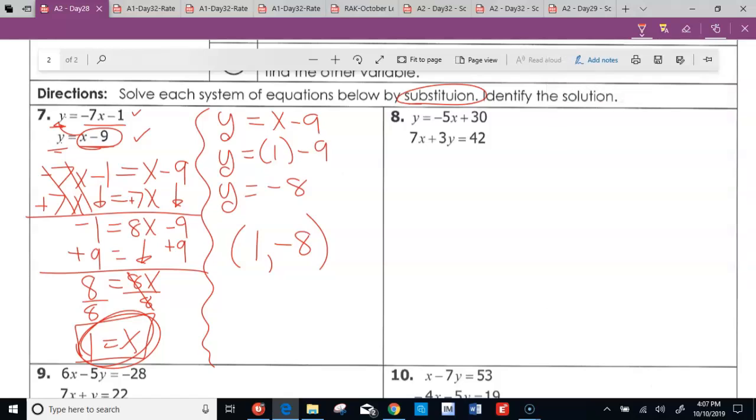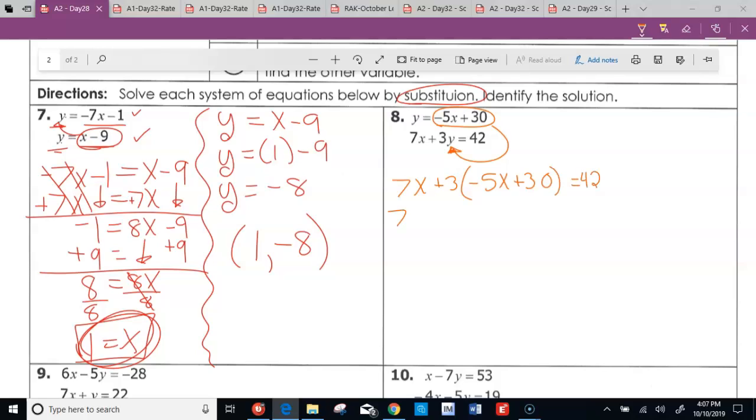Moving on. Now I have question number 8. Y equals negative 5x plus 30 and 7x plus 3y equals 42. Since we're dealing with substitution, I know that y equals this piece right here. So I'm going to plug in this whole equation, or substitute it in other words, for the y right there. So then what I get is 7x plus 3, and instead of saying times y, it's going to be times negative 5x plus 30 equals 42.